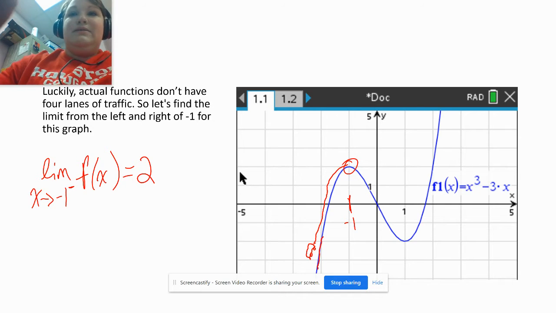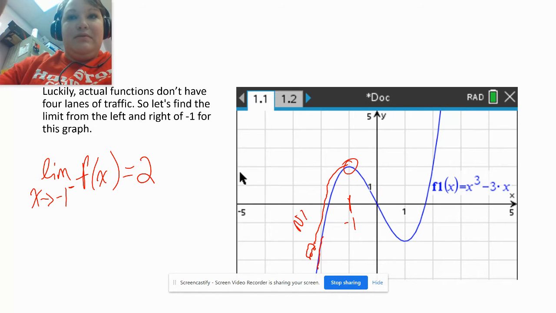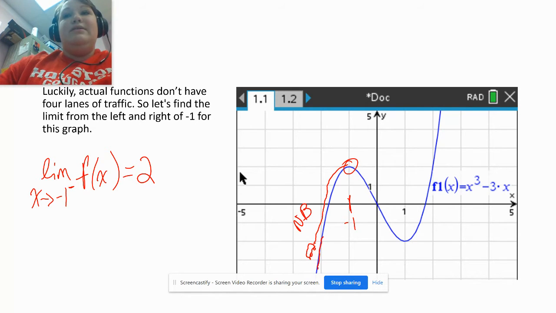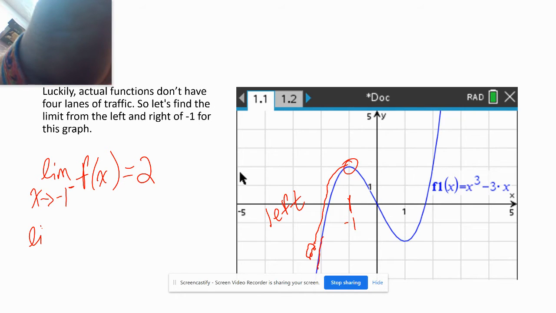Okay, so he was northbound. Actually, he was coming from the left. Okay, so this is the left. Okay, well, what if I want to know about from the right?